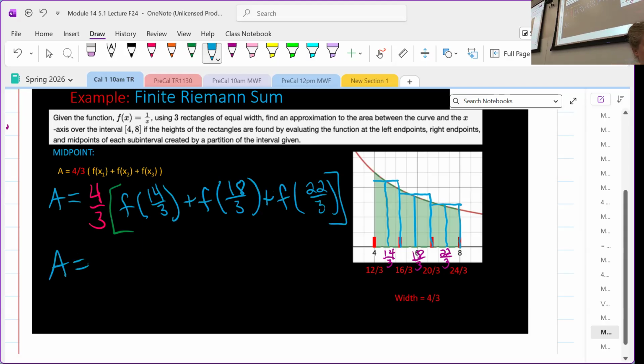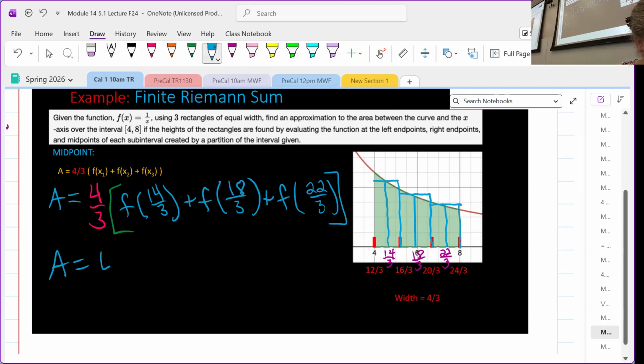Now I'm just going to crunch that up on the calculator just so we see the comparison of the numbers. So 4 divided by 3 times, open parentheses, 3/14 plus 3/18 plus 3/22. So 0.68.